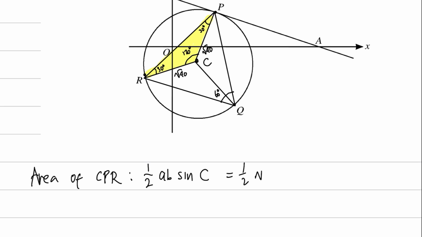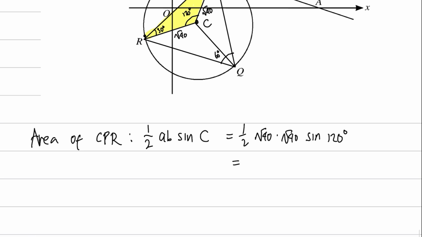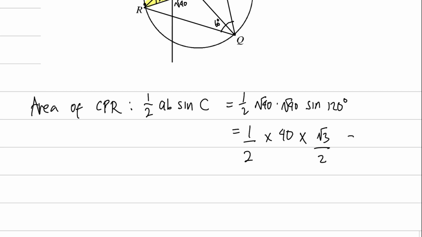So half times the side is the square root of 40 times the side is the square root of 40 times sine of the angle between the square root of 40 and the square root of 40. So side angle side. So sine 120 degrees. So we calculate here, it becomes 1 over 2 times the square root of 40 times the square root of 40, which is 40. Sine 120 is just the square root of 3 over 2. So it equals 10 square root of 3.